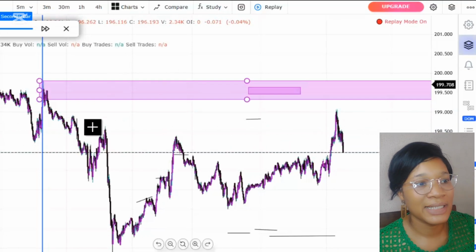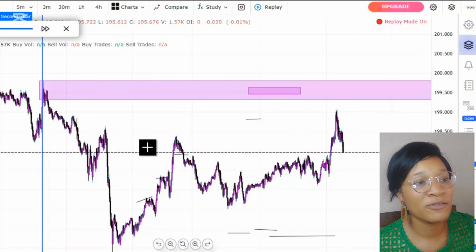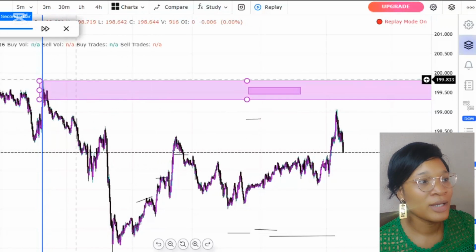Now I want you to see exactly how price took out this level. Everybody who was trying to sell from this place has been used as an inducement for the actual zone. Okay, so let's continue.